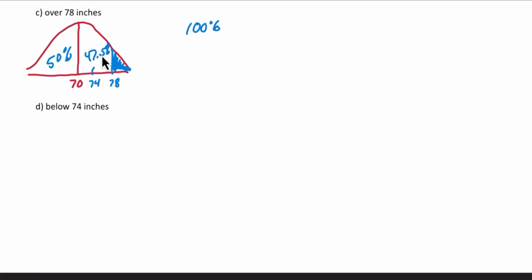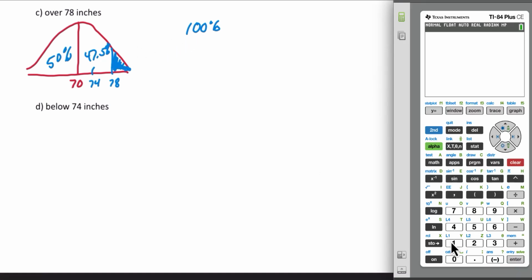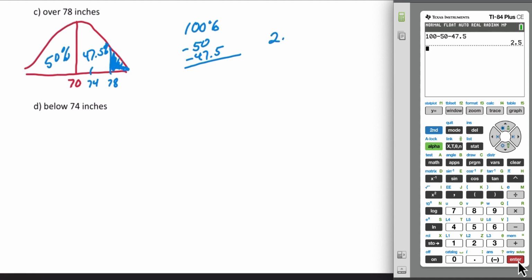So if we subtract those 2 from 100, we can find this tail. 100 minus 50 minus 47.5. Here we get 2.5%. So 2.5% of men have heights that are above 78 inches.